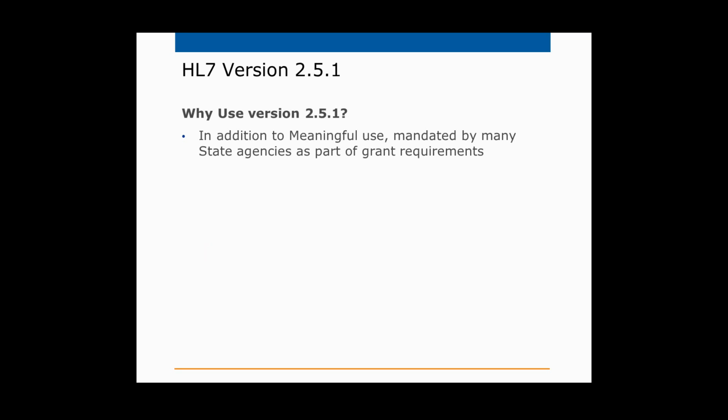I think Ohio had one a few years ago, even before meaningful use. So some states have been requiring 2.5.1 just as part of grants, even before meaningful use many years ago. We are also seeing growing acceptance in HIEs, so pushing data out to an HIE, bringing data back in from an HIE, both using version 2.5.1.